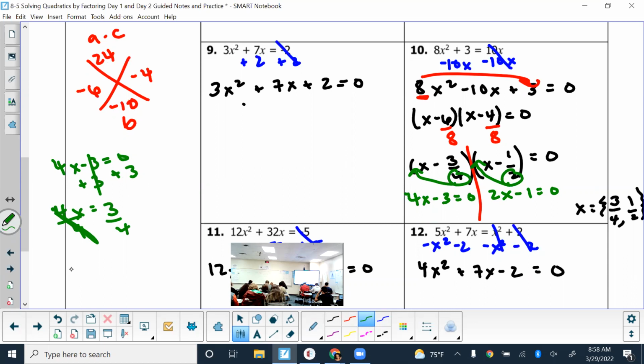And then when you do the other one, the 2x minus 1 equals 0, what's opposite of subtracting 1? Good. I get 2x equals, what's 0 plus 1? And then opposite of multiplying by 2 is dividing by 2. And that's how we get the positive 1/2.